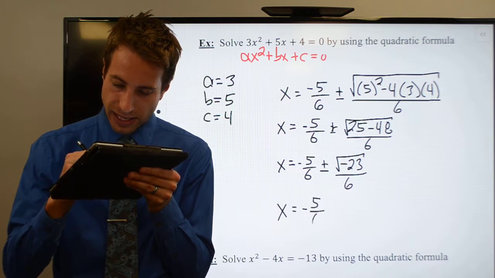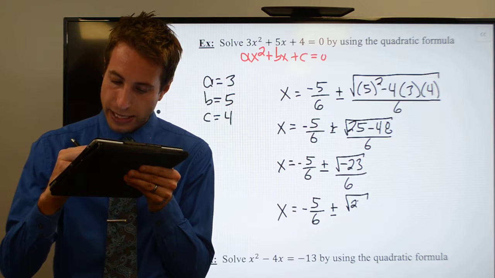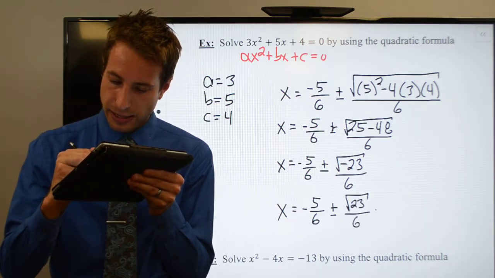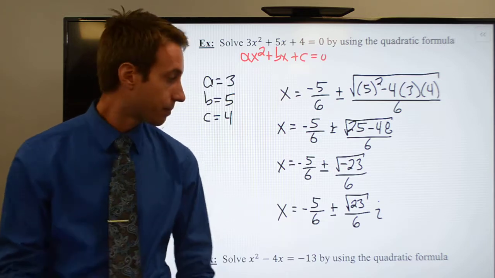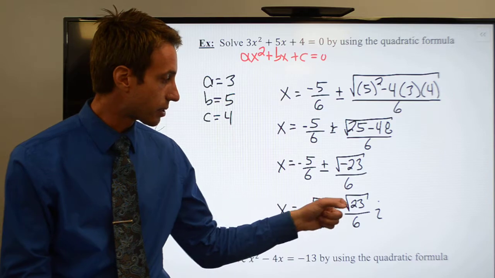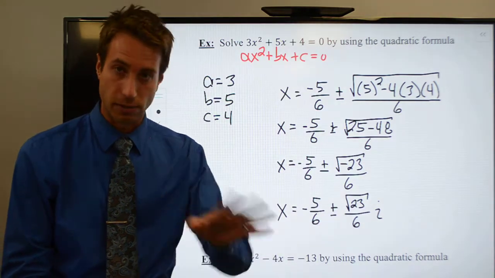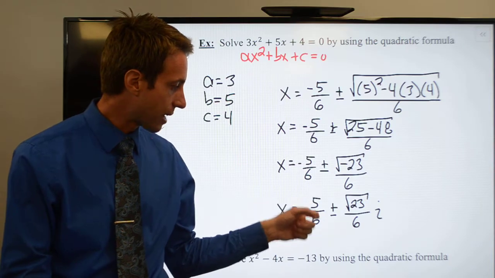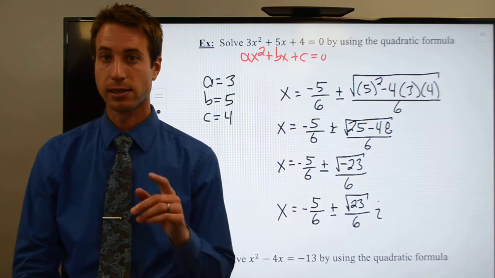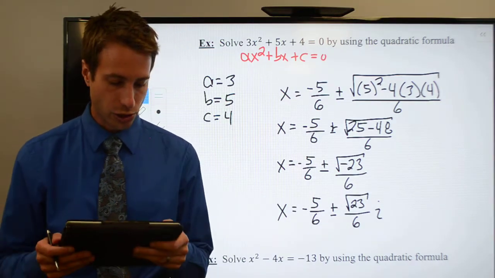So we have -5/6 plus or minus the square root of 23, which is an irrational number, times i over 6. Those are your solutions: -5/6 plus square root 23 over 6 i. Not only is it irrational, it's imaginary. And -5/6 minus the square root of 23 over 6 i. Two complex solutions. Let's try another.